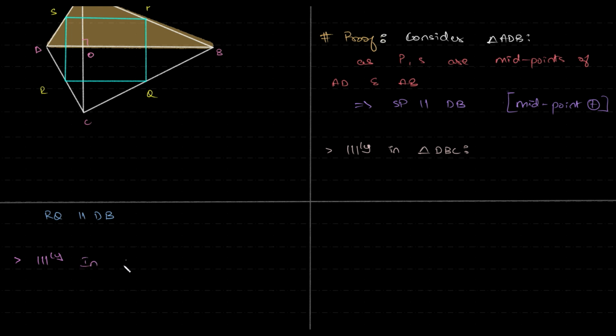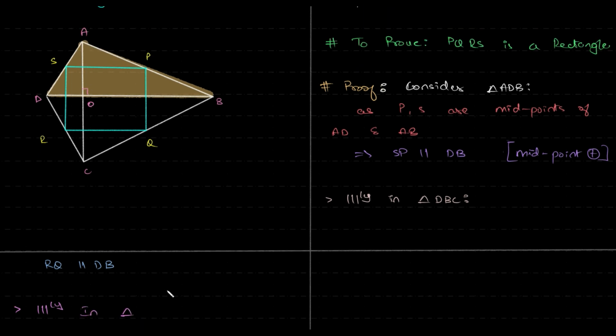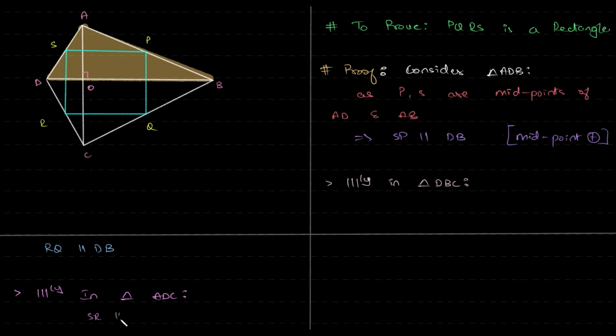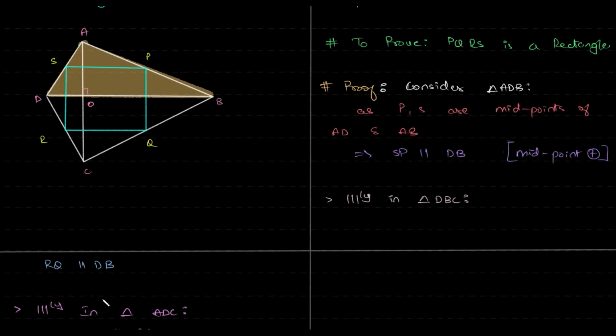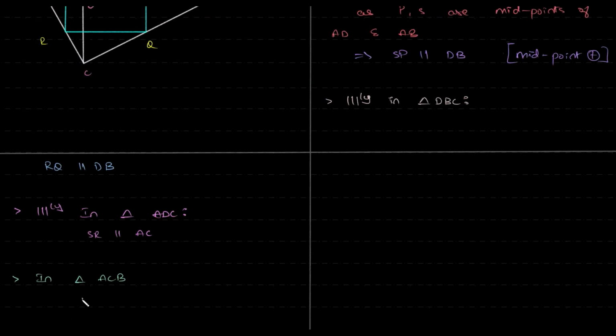Similarly in the other triangle, ADC, we have SR being parallel to AC. And at last, in triangle ACB, AC is parallel to PQ.